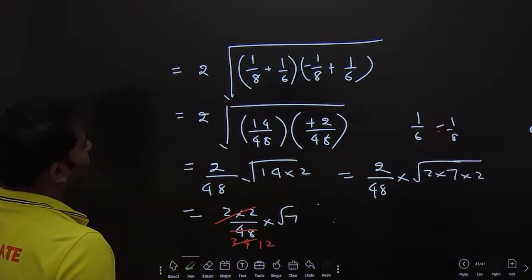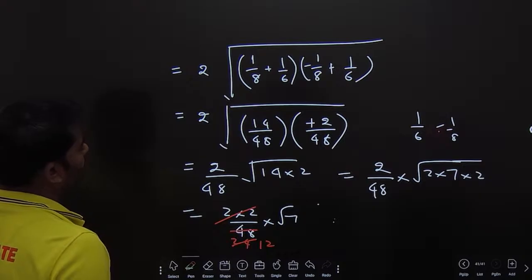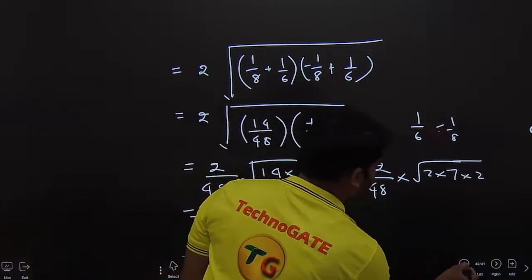This is right only, somewhere some other mistake. 14 by 48 and 2 by 48. 14 into 2 square root. The 48 is outside. 2 into 7. Somewhere some mistake.